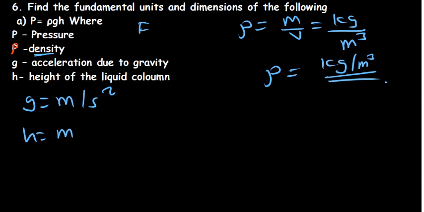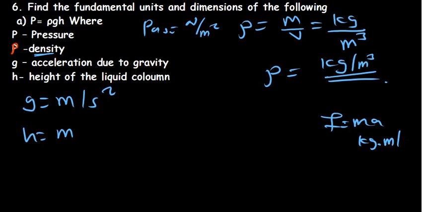Initially, the SI unit of pressure is the Pascal. Now a Pascal is the same as Newton per meter squared. Since Newton is a unit of force, and we know that force is given by mass times acceleration, it is kg times acceleration, which is meters per second squared.